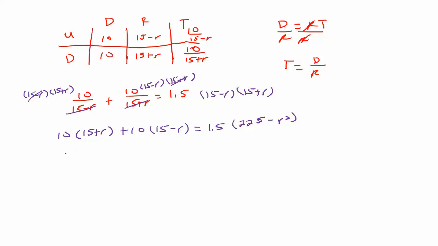Okay, so distributive property: 150 plus 10r plus 150 minus 10r equals 1.5 times 225 minus r squared. Like terms, we have positive 10r and negative 10r on the left-hand side. They cancel each other out. 150 plus 150 gives us 300.